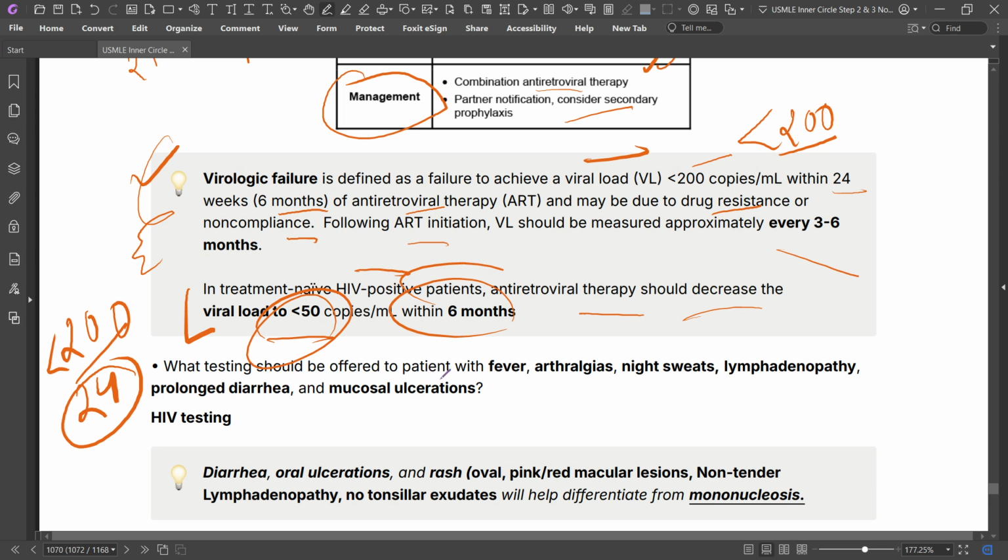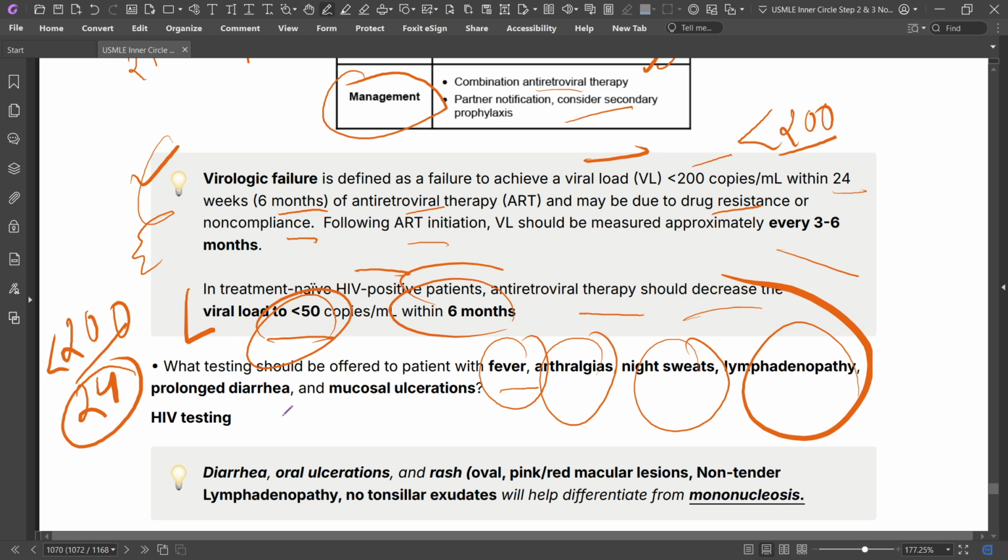What testing should be offered for fever, arthralgia, night sweats, lymphadenopathy, prolonged diarrhea, and mucosal ulceration? HIV testing should be done.